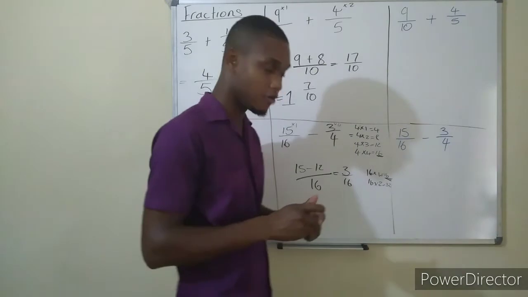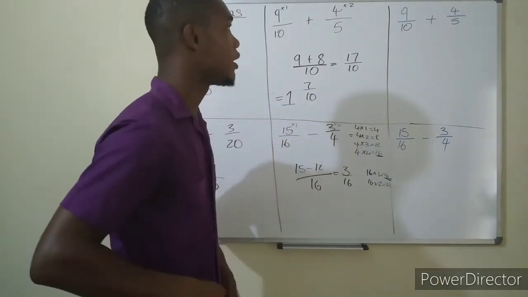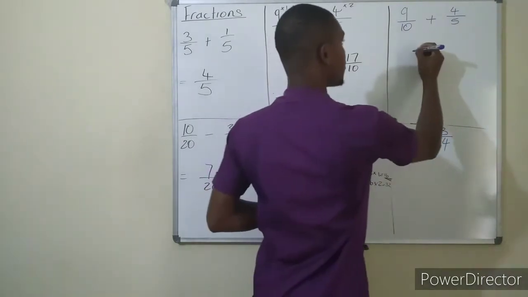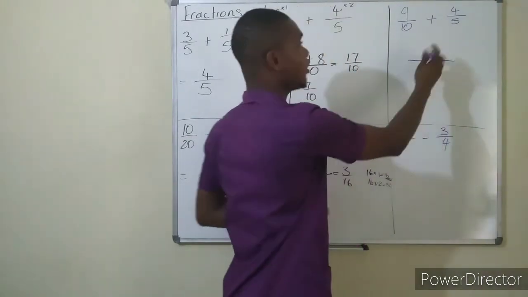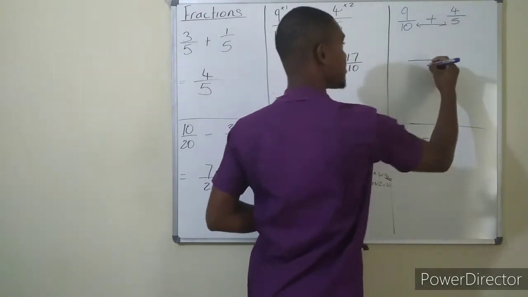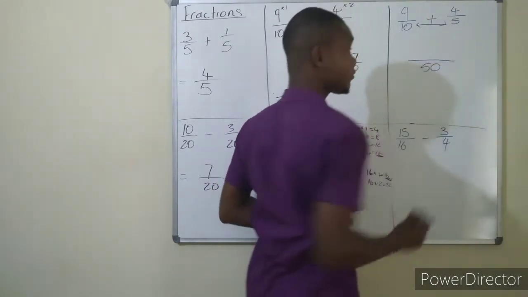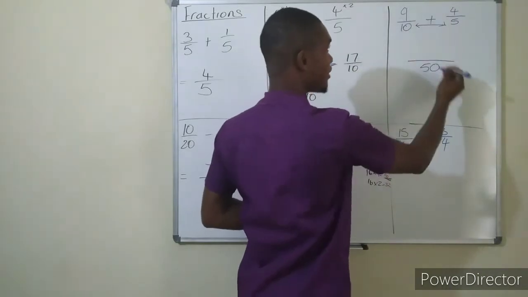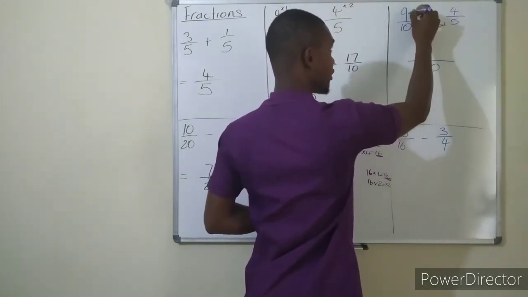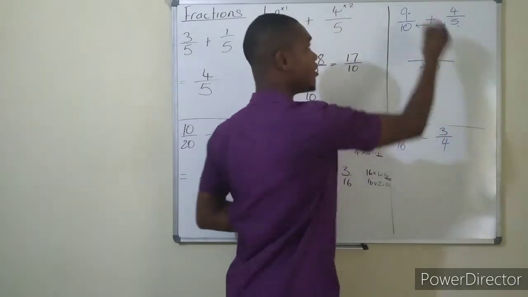So the next method for you to possibly use is to simply multiply. To find your denominator, you simply multiply the two numbers at the bottom. So 5 times 10 gives you 50. For the other part, you simply cross multiply. So it would be the numerator here multiplied by the denominator on the other side.